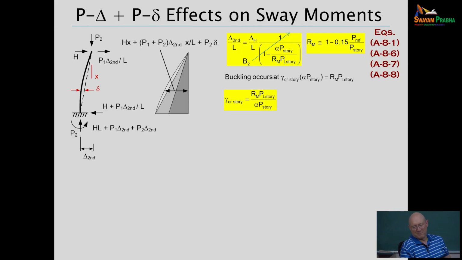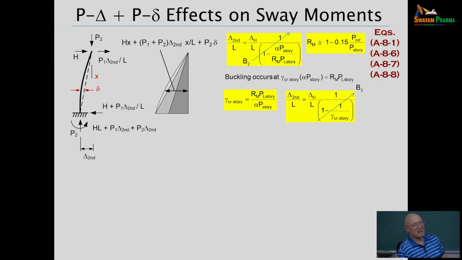And if we want to know what's the eigenvalue, or what's the multiplier to get from our design load level alpha P story to incipient buckling, obviously that's the ratio of the buckling load to the load that we're designing for. So by including the small delta effects, is it actually becoming better? Rm is generally going to be a number smaller than 1.